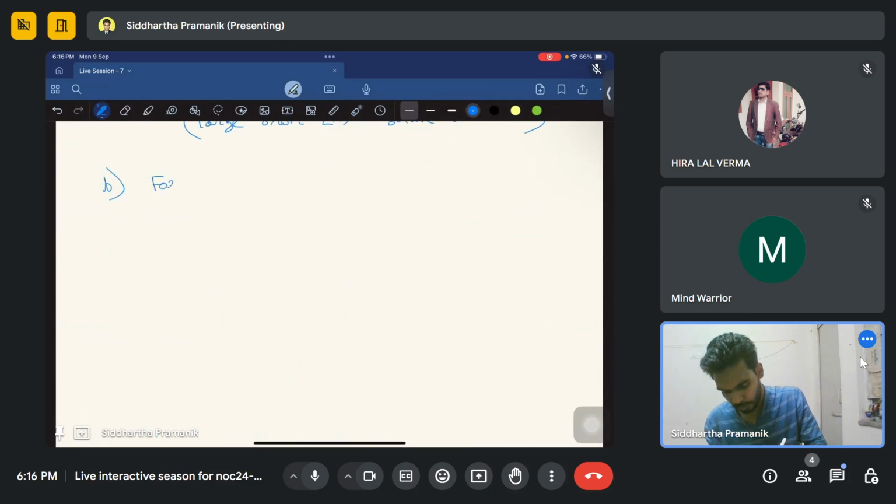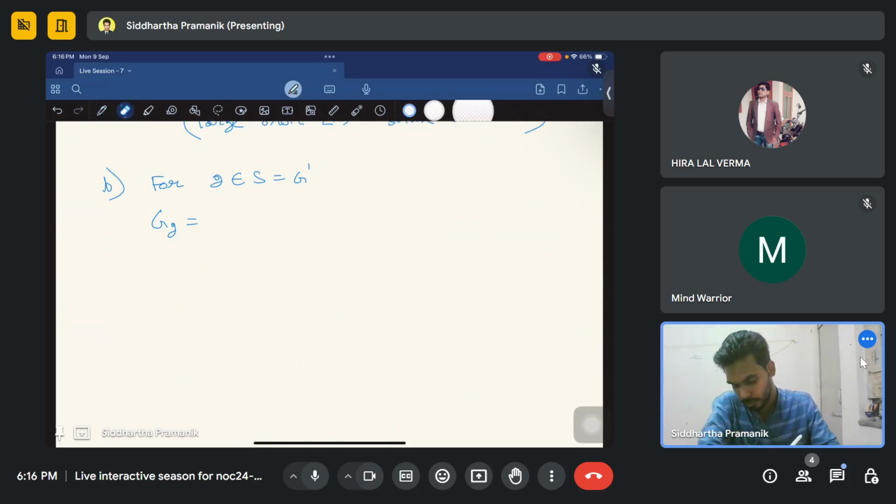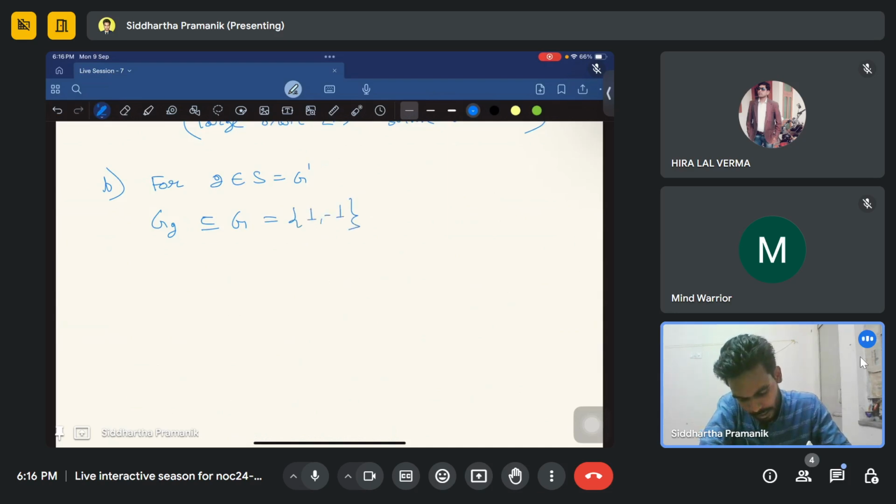So for g belongs to S, which is our another group G prime, what is the stabilizer of g? First of all, we know that the stabilizer should be a subgroup of G, which is 1 and minus 1. And it has only two subgroups, right?